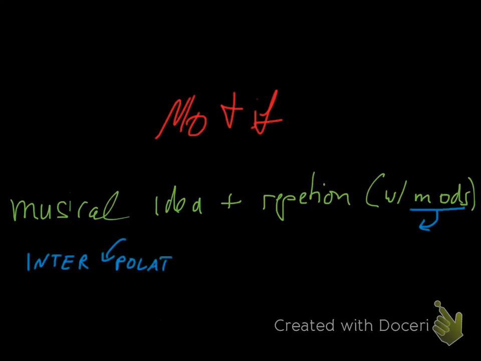Next idea would be an interpolation, which is the inclusion of a new idea into the motive, or a rhythmic modification without actually changing the total length of the song or the motive. So with that being said, you have a little idea of what we can do with the motive, but again, this is just a quantitative, an objective way of telling what the melody does, not how pleasant it sounds.